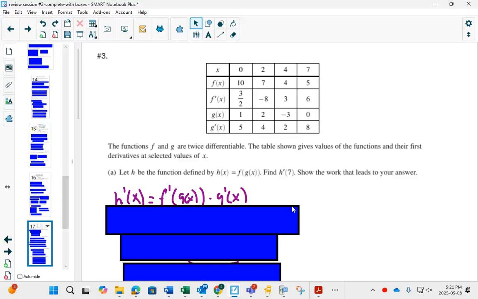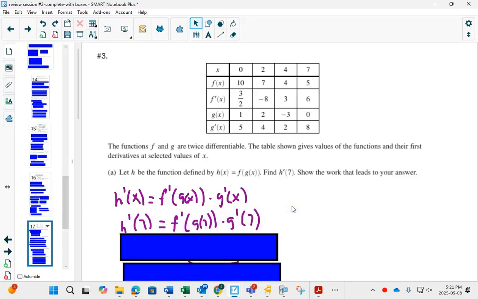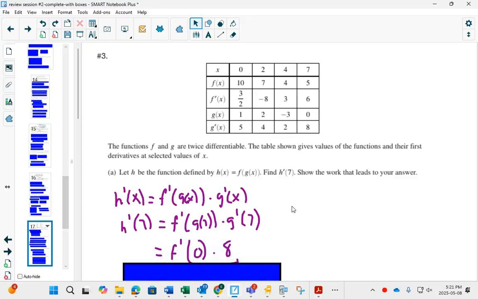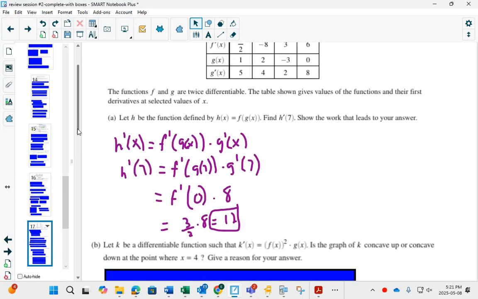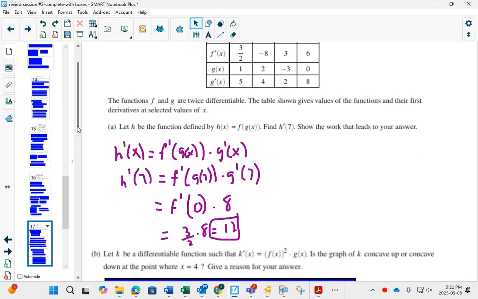Then h prime of 7 would be plugging in a 7 for all of those x's. And then we go to our chart and hope every number is there. Well, g of 7 is there, it's 0. g prime of 7 is there, it's 8. So I'm going to have f prime of 0 and g prime of 7 is 8. And f prime of 0 is there. That's 3 halves. And so we get 12 in the end.